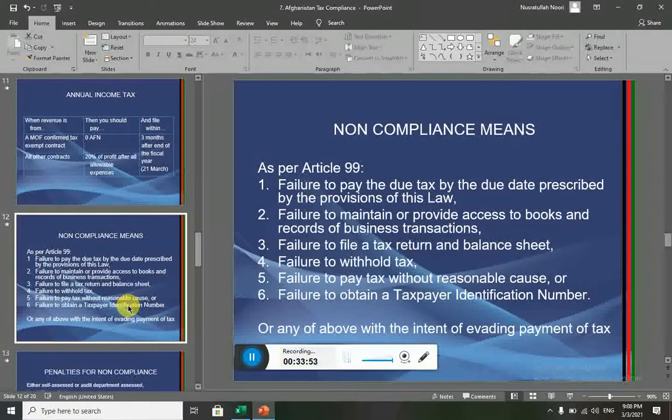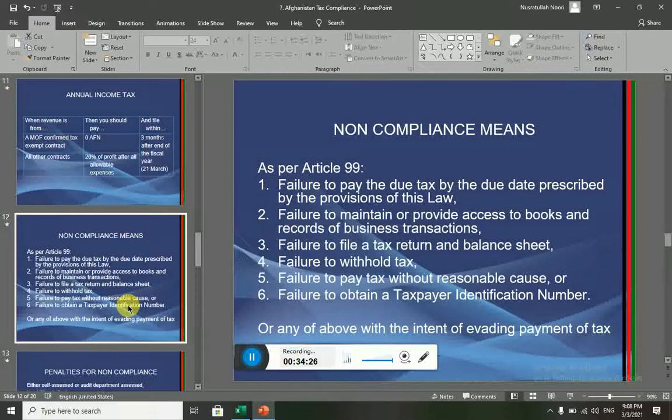So when an entity is reporting on a monthly, quarterly, and annual basis, doing withholding, paying its taxes, within the deadlines given in the law, this entity is called a tax compliant entity, right? But if an entity is not reporting within the due dates given in the law on a monthly, quarterly, and annual basis, that company is called a non-compliant company.